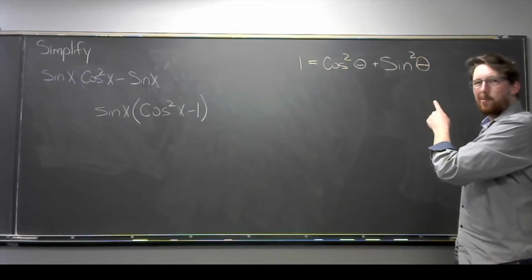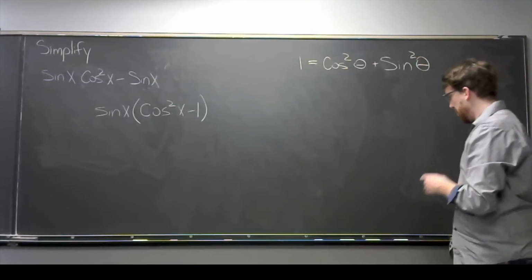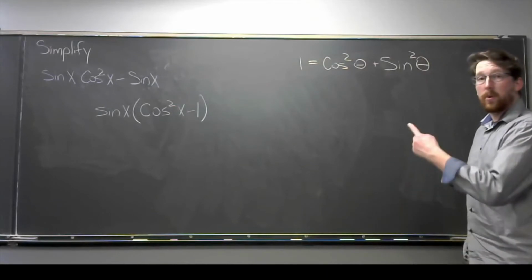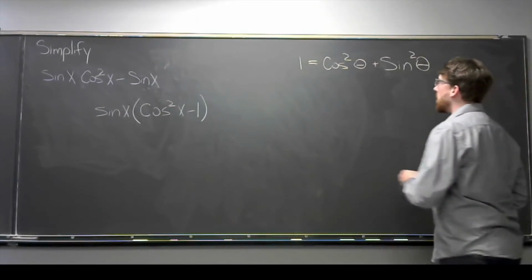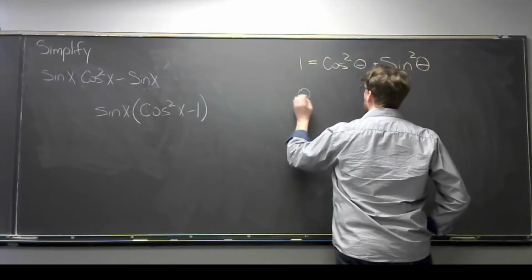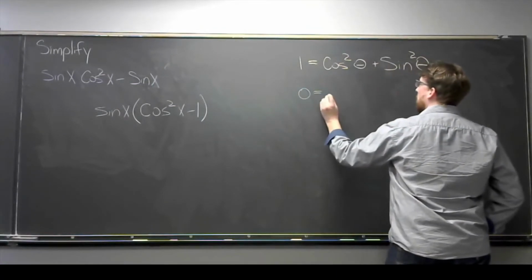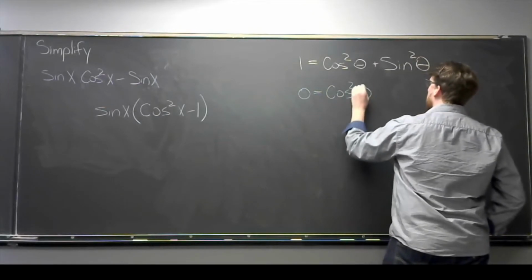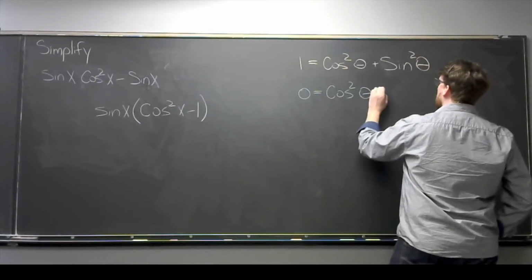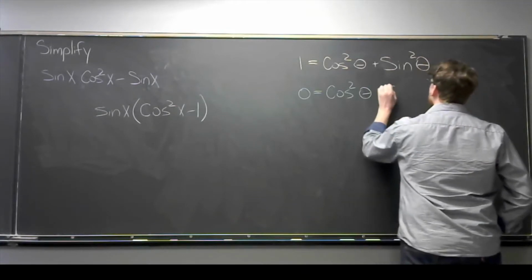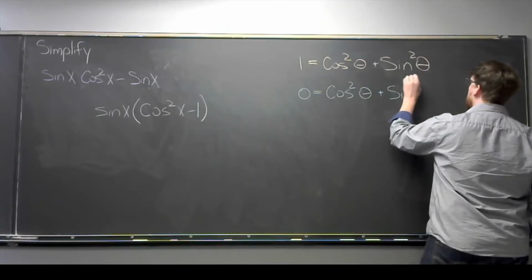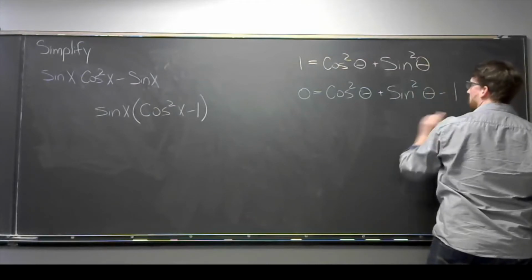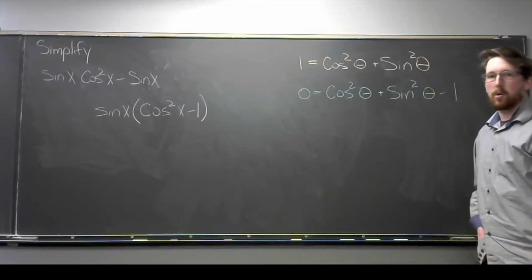So it's going to take some rearranging up here. To start off with, we can subtract 1 from both sides. When we do that, we're going to end up with cosine squared of theta plus sine squared of theta minus 1, all of that's equal to 0, right?